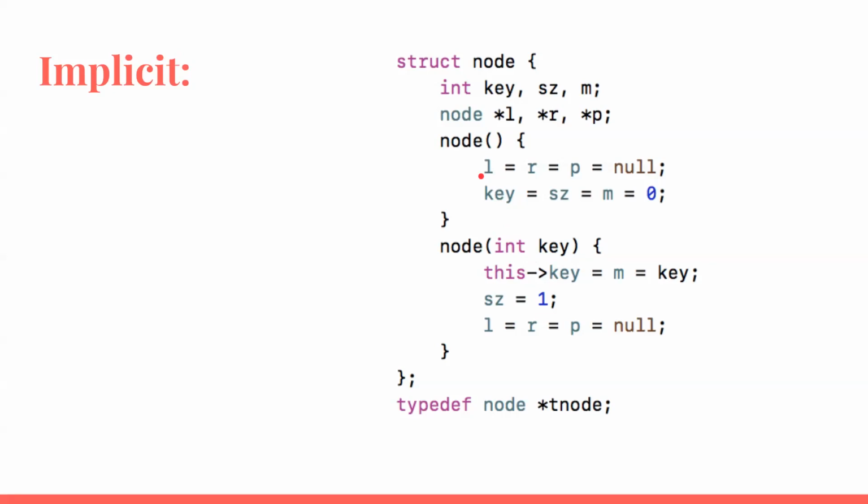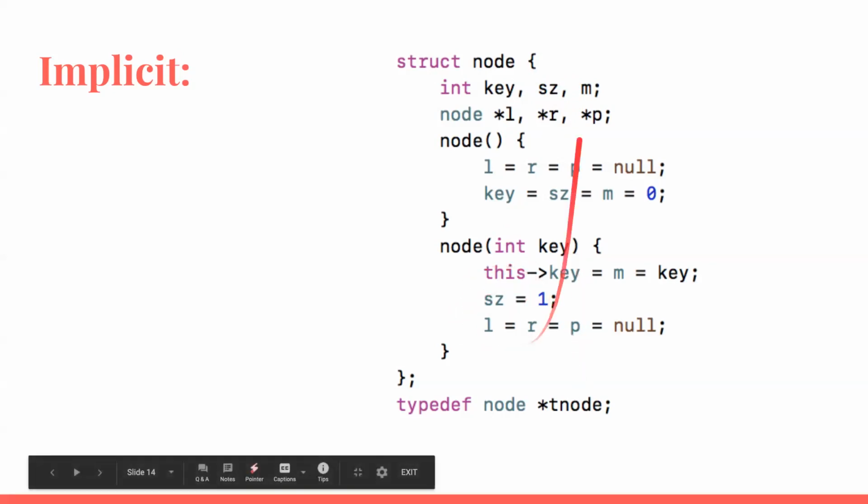Okay, so let's talk about implicit splay tree right now. If you know treap, it will be easier for you. We are going to have size. Size is the number of elements in the subtree where this vertex is located, including this one.